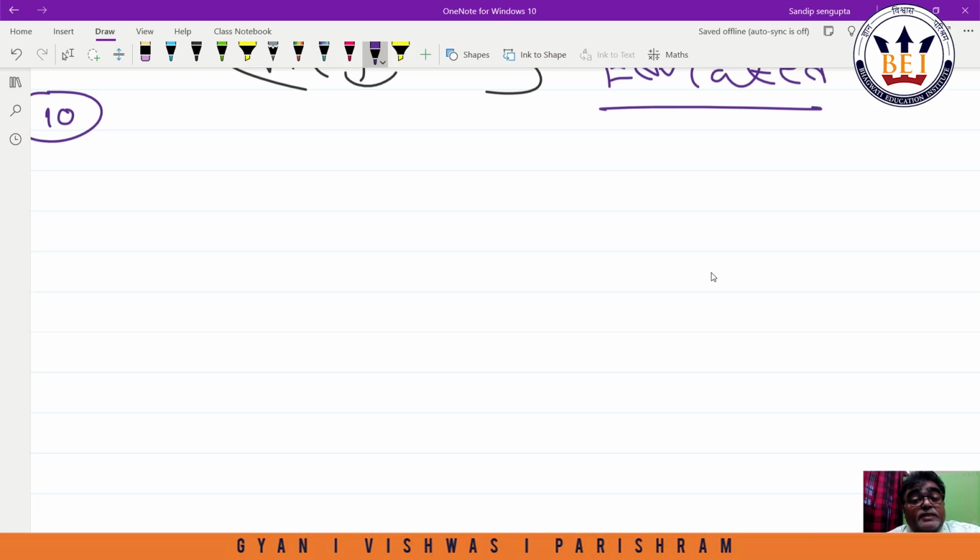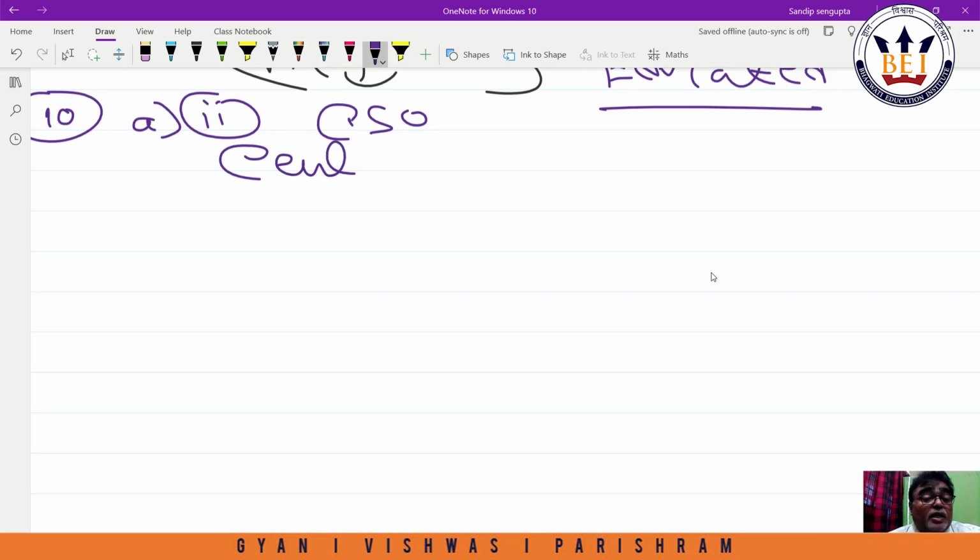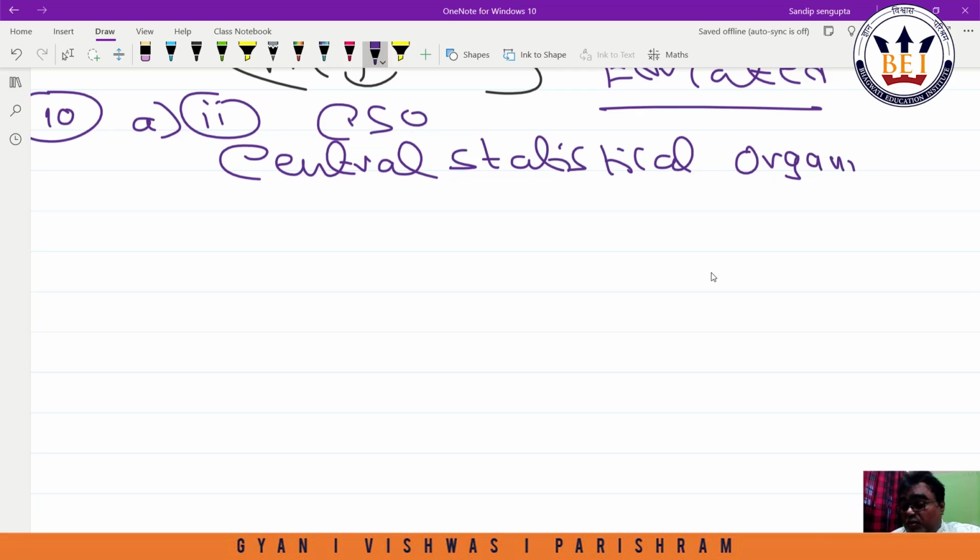First one is to know, in the Indian economy, national income is measured by CSO. But what is CSO? Central Statistical Organization.